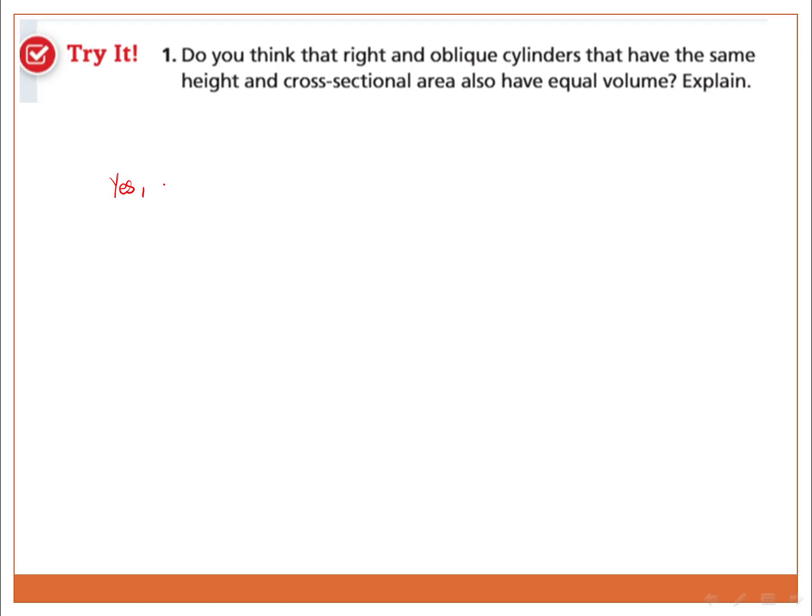Because actually we have the index card, but here it is circular instead of rectangles, right? So we can just apply it here.